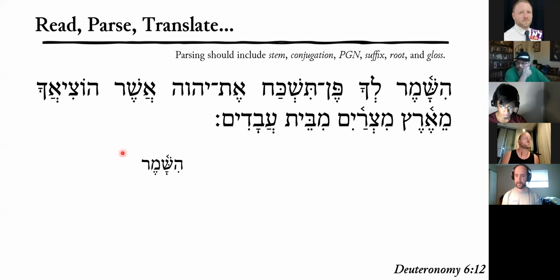How would you parse this word here, hishamer? What's the stem, the conjugation, and such for this one? This is hifil, right? Is it hefil? Nope, not this time. Well, look at the indicators in this letter.